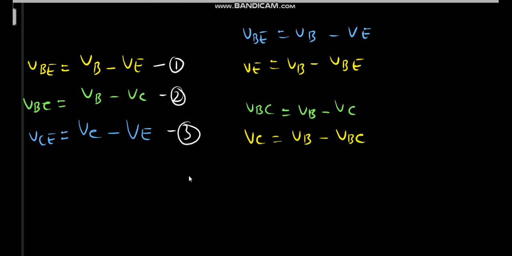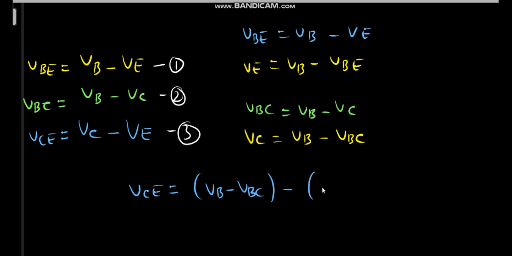When you have this, you can substitute into the third equation. So VCE will be equal to VC. We now know that VC equals VB minus VBC, so let's put it here: VB minus VBC, and then minus VE.